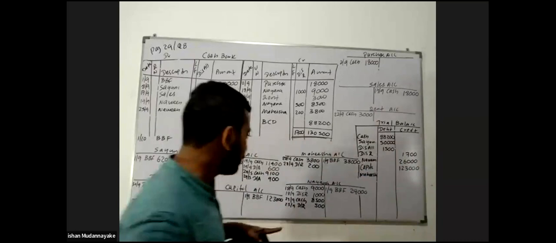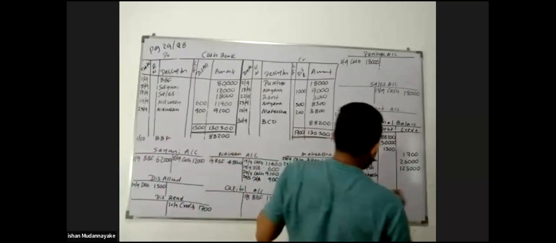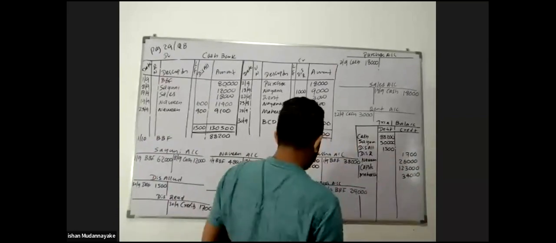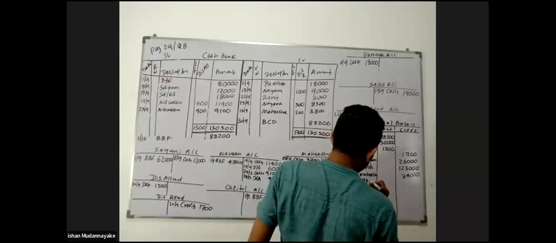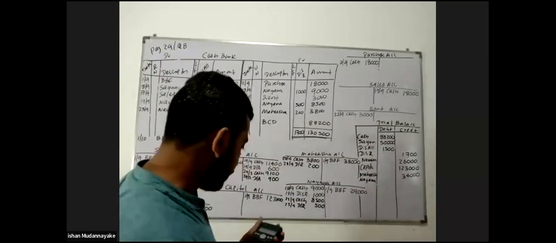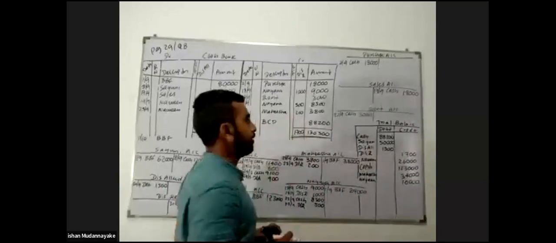Mahisha closing balance 38,000 minus 4,000, 34,000. Naina closing balance 29,000 minus 10,000, closing balance 10,000, credit side.